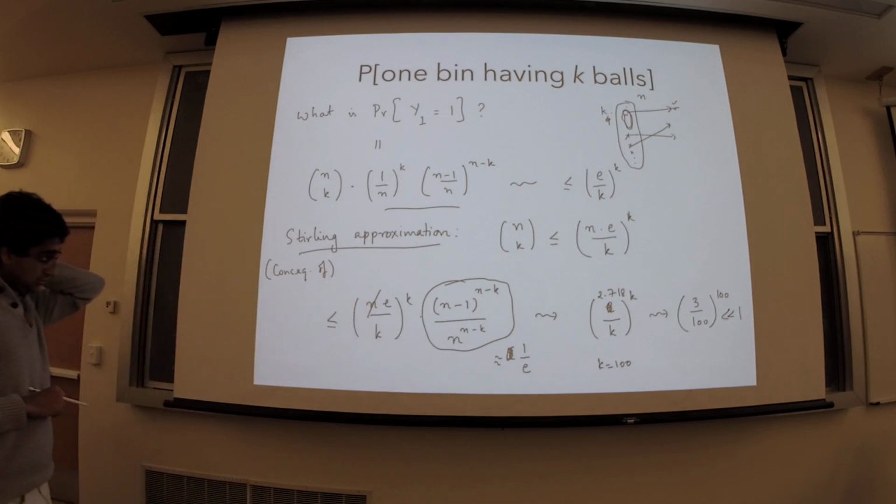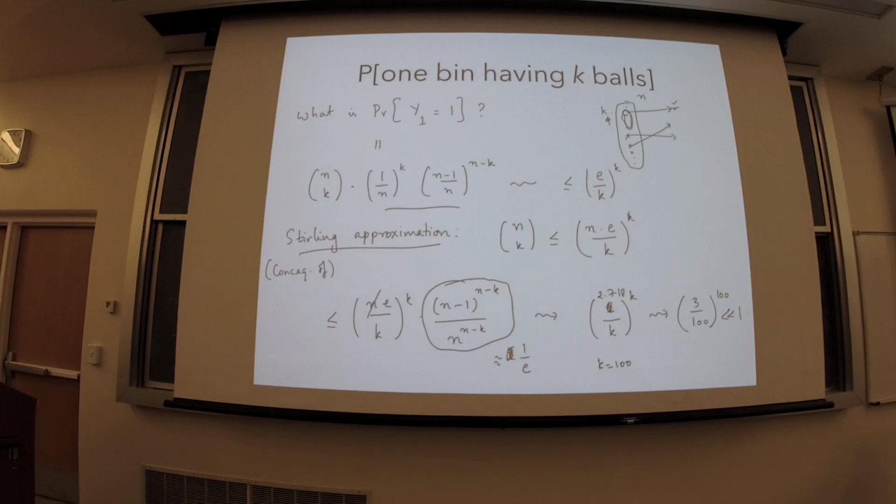That's a bound we have about y1 being equal to 1. Now what happens when k is roughly log n? We are interested in k being log n, so now you are interested in this (e by k) to the power k.